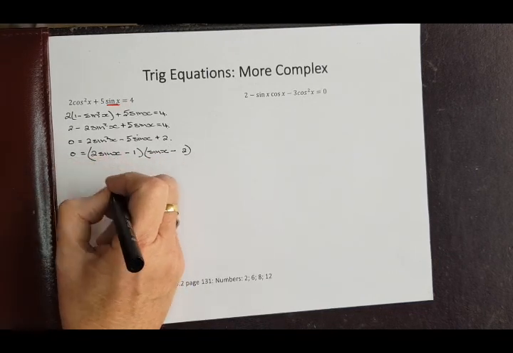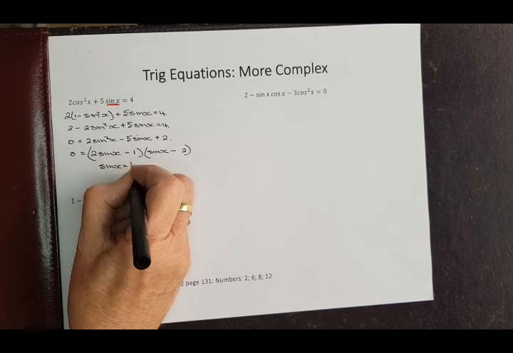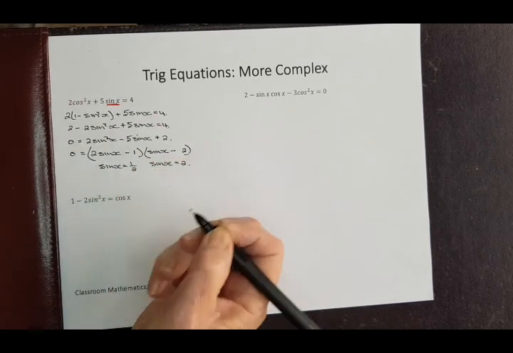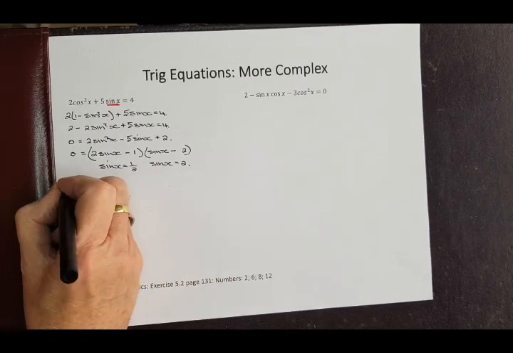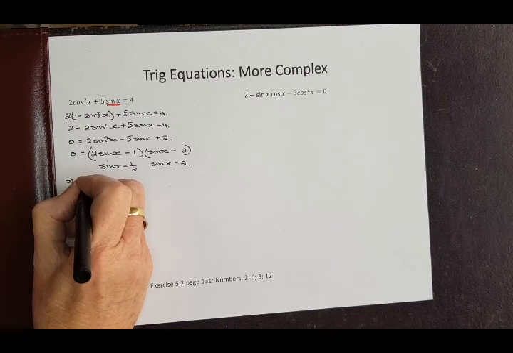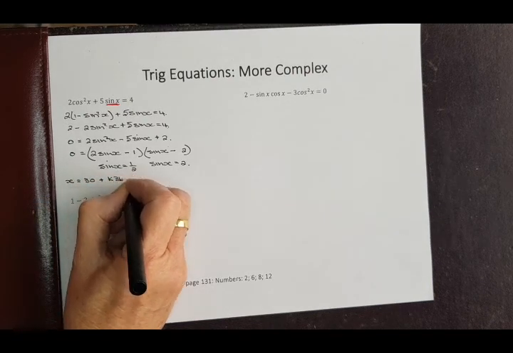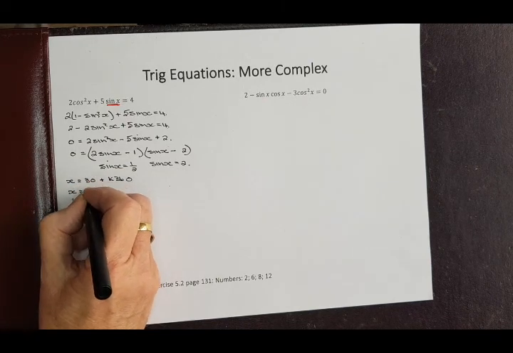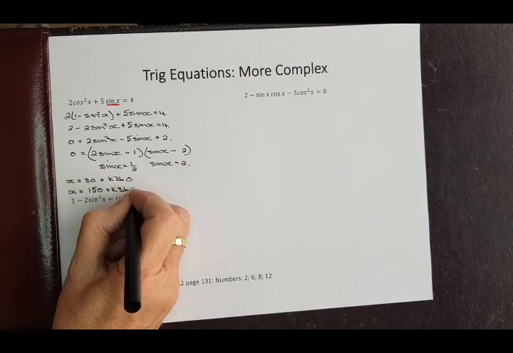Once you have a product equals 0, we get that sine x is equal to a half, or sine x is equal to 2. Sine x equals a half means that my x value is going to be 30, arc sine of a half, plus k 360, or my x value is going to be 180 minus 30, 150, plus k 360.